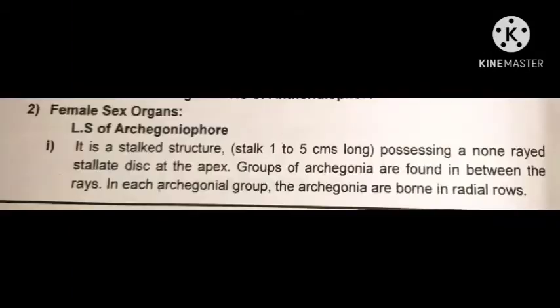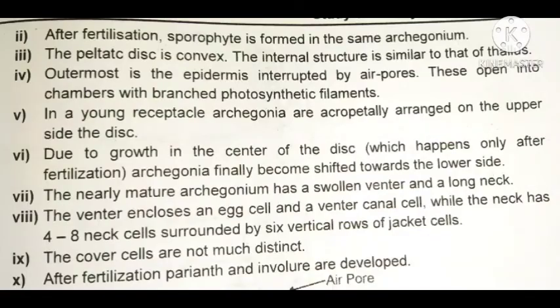The female reproductive structure develops on the archegoniophore. The archegoniophore is also a stalk-like structure about 1 to 5 centimeters long, and this raised structure also grows from the apical growing point. The archegoniophore also has a peltate disc-like convex structure.